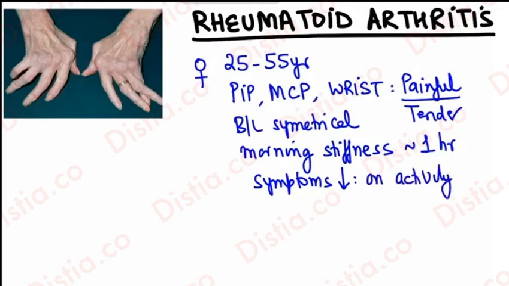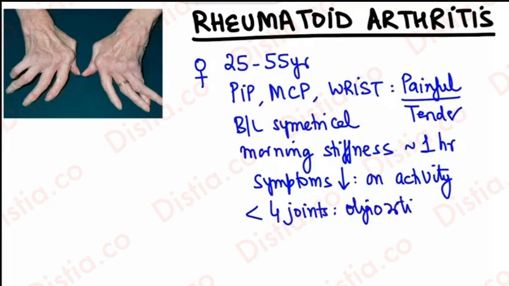So when you read these manifestations that I've written, you have to think of a question related to rheumatoid arthritis. Now you will also have to count how many groups of joints or how many joints overall are getting involved, because if fewer than 4 joints are involved, then we are going to call it oligoarticular arthritis.